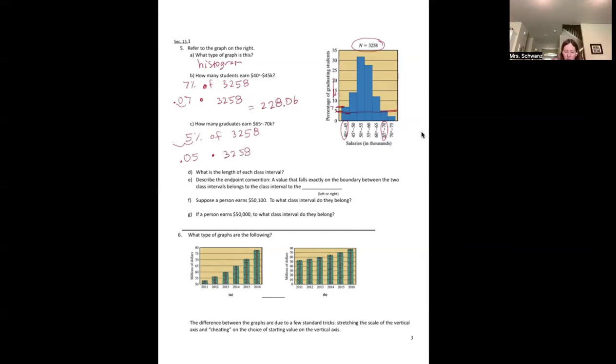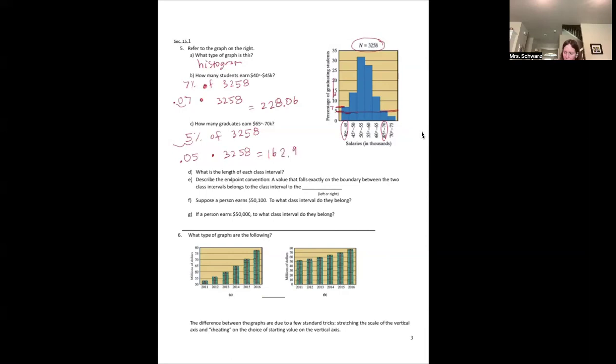And I just wanted to make sure you know that these answers need to be whole number responses, so we should round these answers. So I'm going to do 0.05 times 3,258, and I get 162.9.